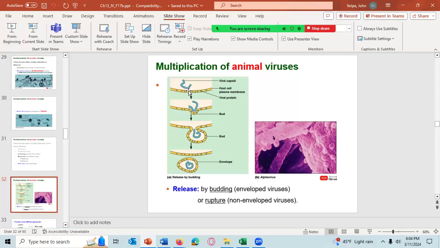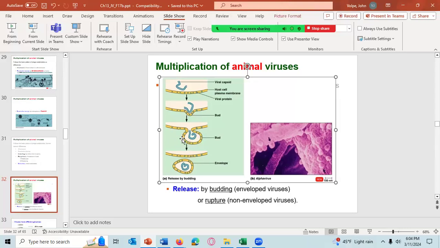And the new virion comes up to a membrane and begins pushing on it. That can be either the cell membrane, the nuclear membrane, or the membrane of the endoplasmic reticulum. And that virus then forms a bud in the membrane that we're talking about.